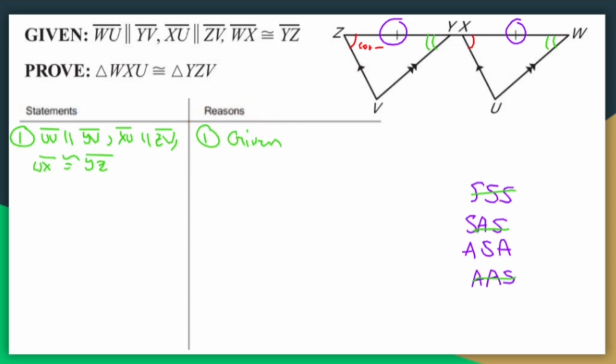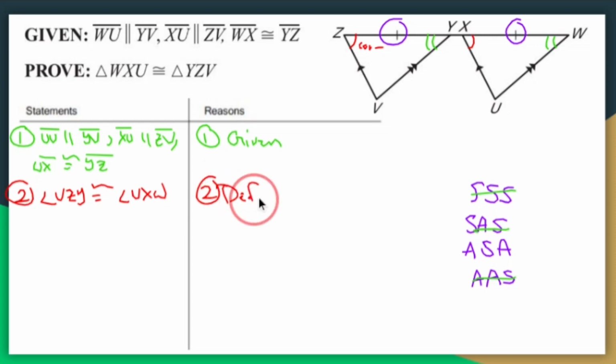Okay, let's go with the red angles. Angle VZY is going to be congruent to angle UXW. And the reason for that is the definition of corresponding angles. Ready to kill two birds with one stone? Let's say that in the same exact statement. Why repeat myself?